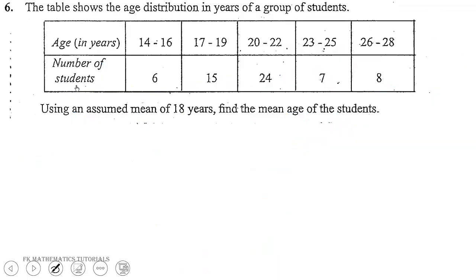The table shows the age distribution in years of a group of students. As you can see, using an assumed mean of 18 years, find the mean age of the students. Remember, using the assumed mean method, the mean is given by assumed mean A plus summation FD over summation F, where A, the assumed mean, is 18.